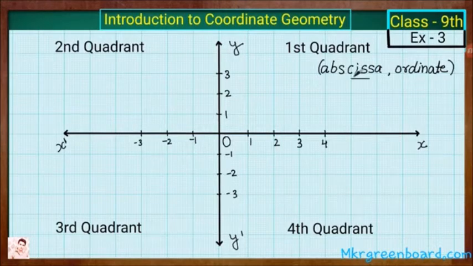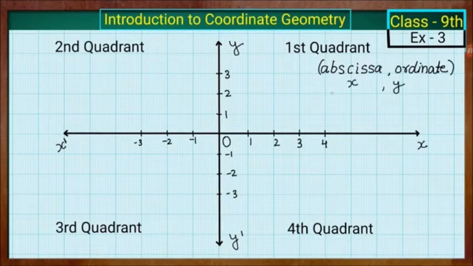Now there is an abscissa and an ordinate. Abscissa means x and ordinate means y. For example, if we consider x as 2 and y as 3, that is the point 2 comma 3. On the graph, the abscissa is 2 and the ordinate is 3.